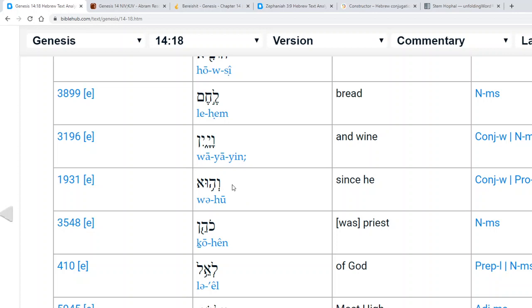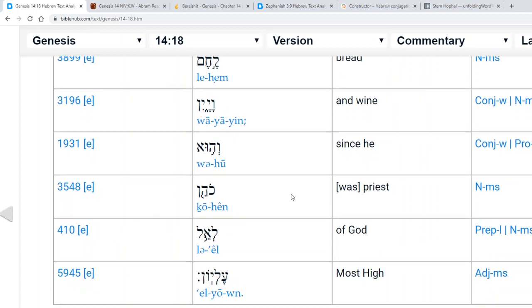Vehu, conjunctive vav, who is the third person pronoun, masculine singular. Vehu kohen. So the root here, kaf he nun, is priest. Kohen. So they're saying it's the noun, masculine singular, was a priest.